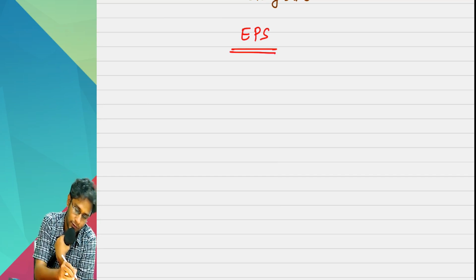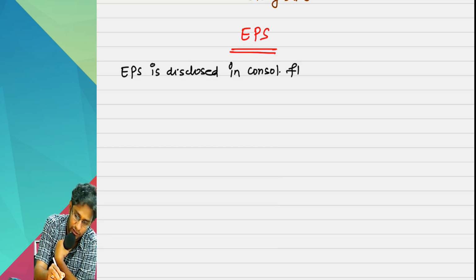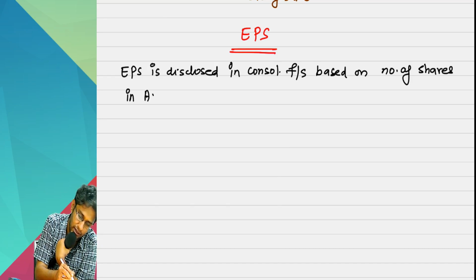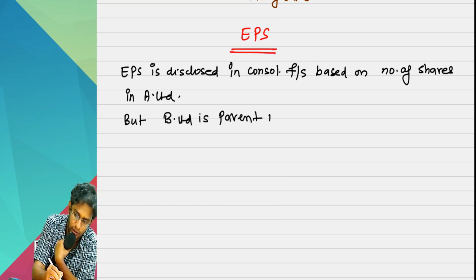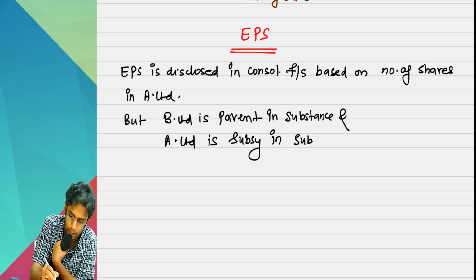Okay. So here what you have to very strongly keep in mind is EPS is disclosed in consolidated financial statements based on number of shares in A Limited, but B Limited is parent in substance and A Limited is subsidiary in substance.